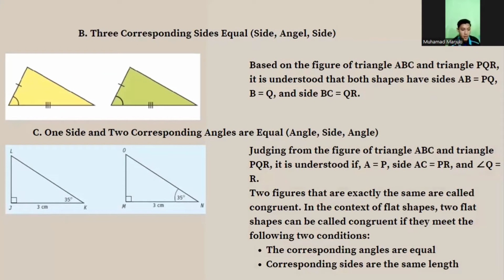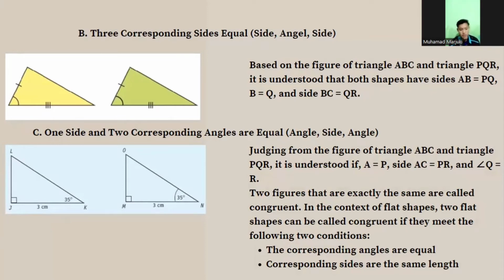Next, B: side, angle, side. Based on the figure of triangle ABC and triangle PQR, it is understood that both shapes have side AB equal to PQ, angle B equal to angle Q, and side BC equal to QR.